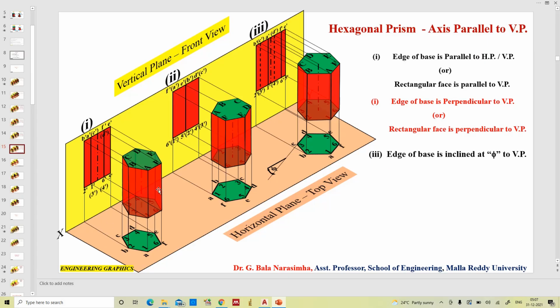So when the observer sees the views from this direction, the front view appears as a rectangle. The rectangle dimension is nothing but the extreme points B, E, 5 and 2. See, B, E, 5, 2 will be the clear rectangle.